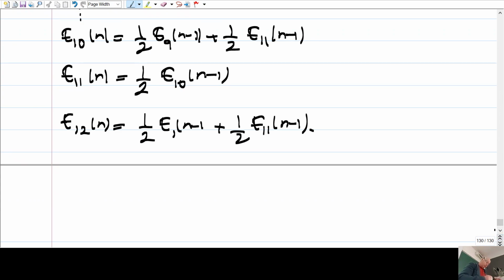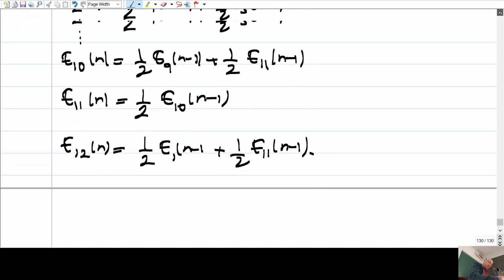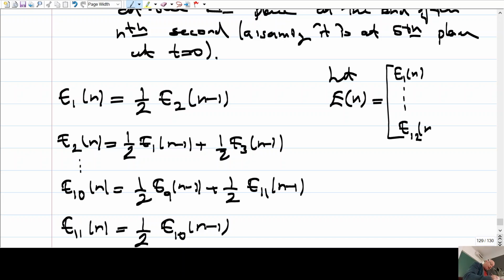Now, what we do next, we write this as a matrix equation, namely, let E to be the following column vector: E1n up to E12n.